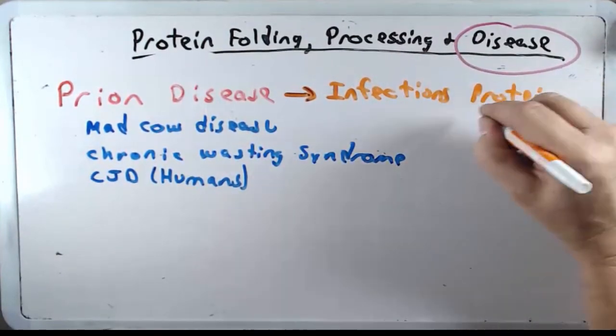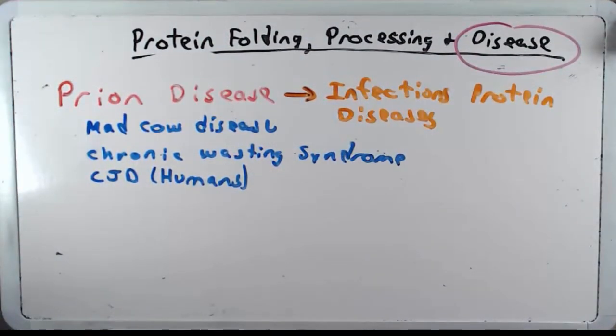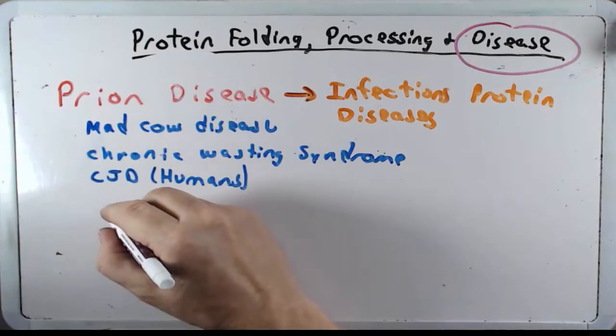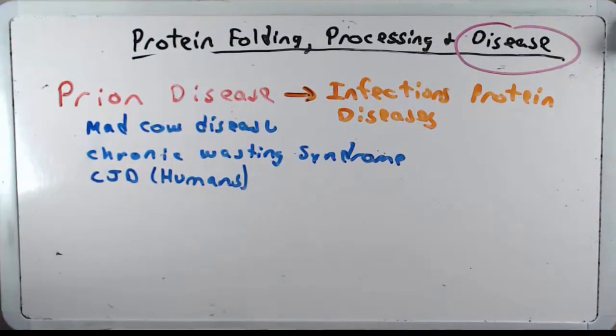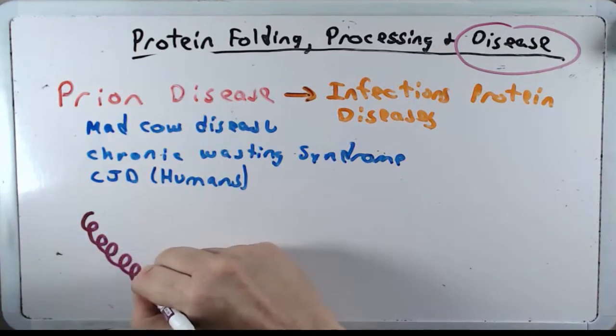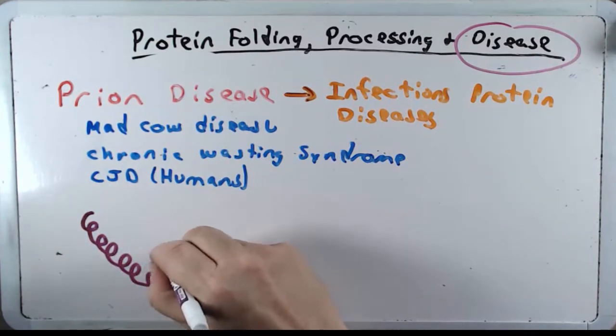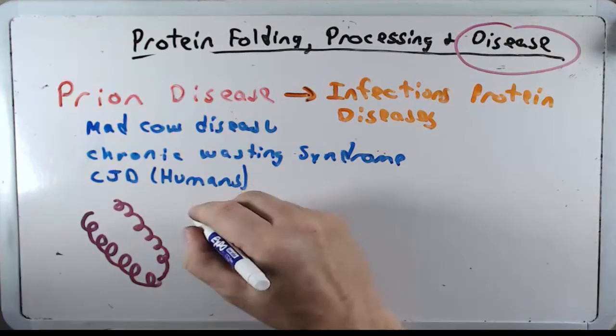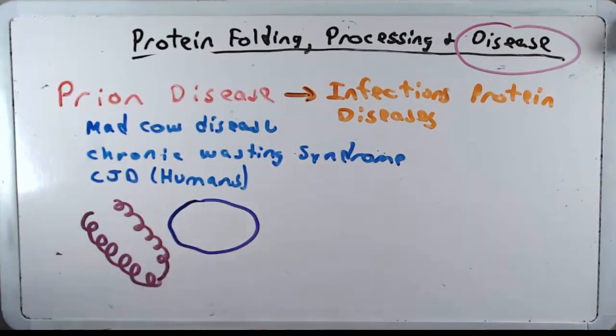protein diseases. In essence, what happens here is you have a protein that is primarily composed of alpha helices. And like with the cystic fibrosis example, these proteins end up on the plasma membrane.